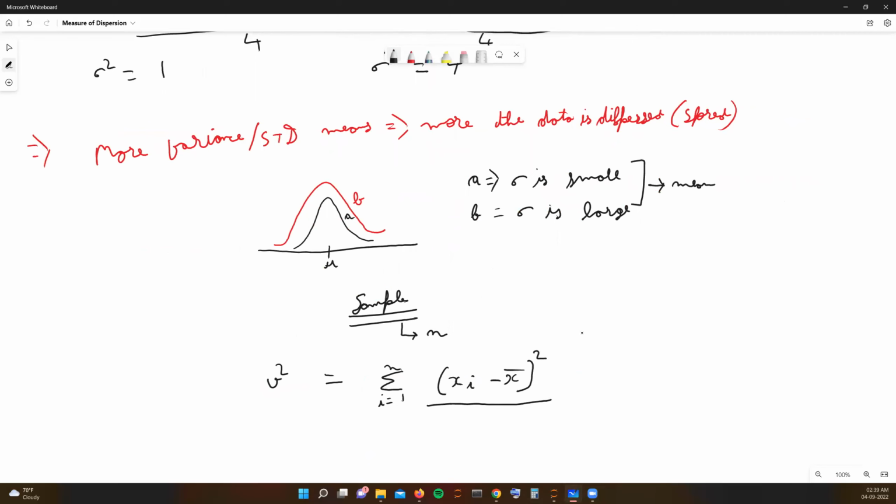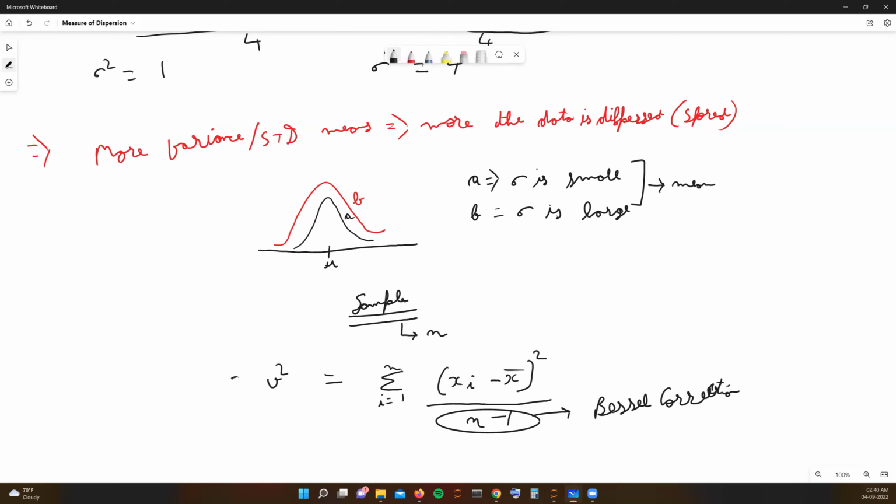And in the denominator, n minus 1 comes into the picture instead of n. And this particular n minus 1 is known as Bessel's correction.